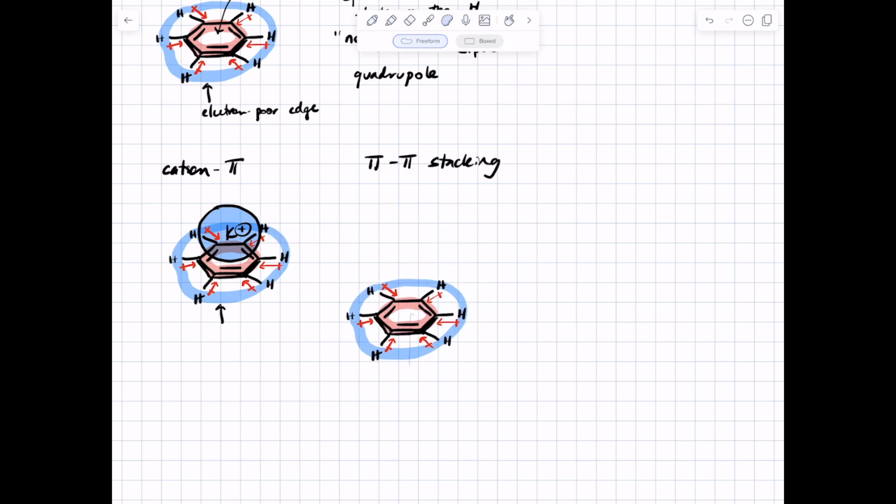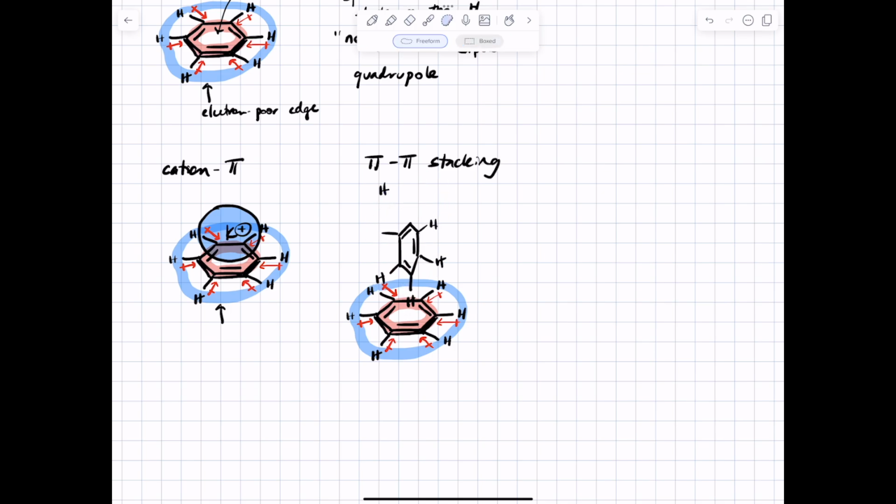One might be what's called sort of T-shaped stacking. So here's our first benzene ring, and then I'm going to draw the other one even more sort of on its edge. And again, you're going to remember that the hydrogens of benzene are electron poor, whereas the carbons are electron rich.